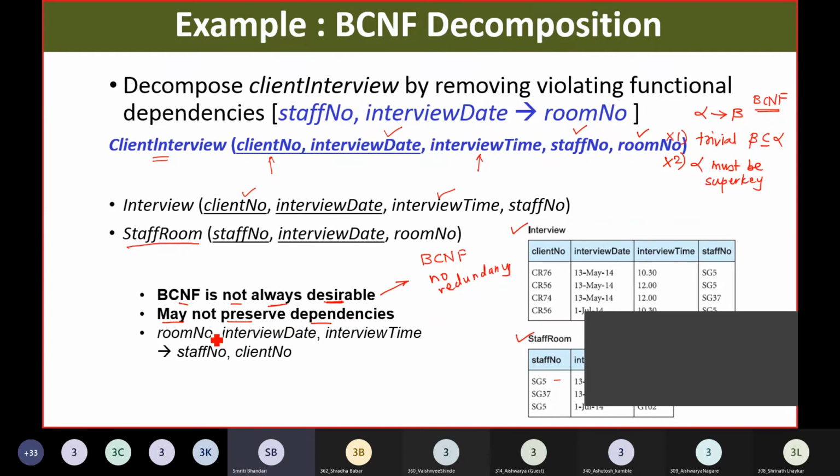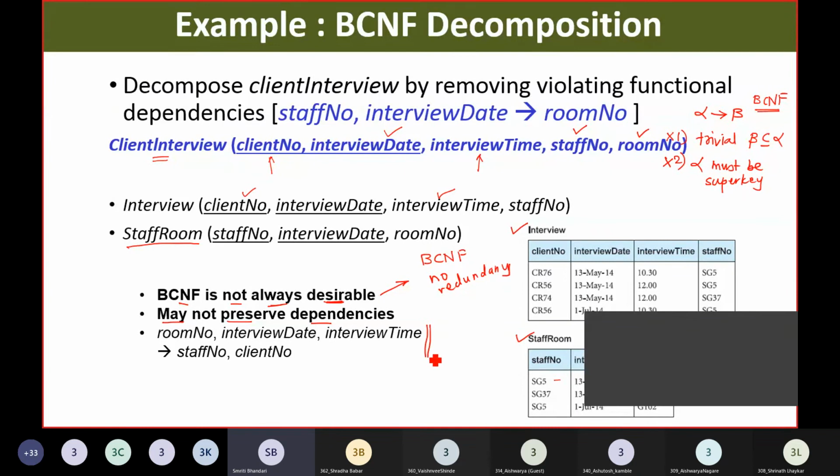Now, if we look at this dependency: room number, interview date, interview time, determining staff number, client number. We are having this dependency. Right? Now, if we want to check for this dependency, this is our BCNF decomposition.